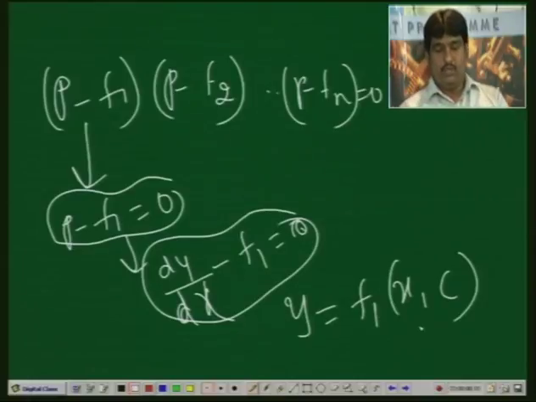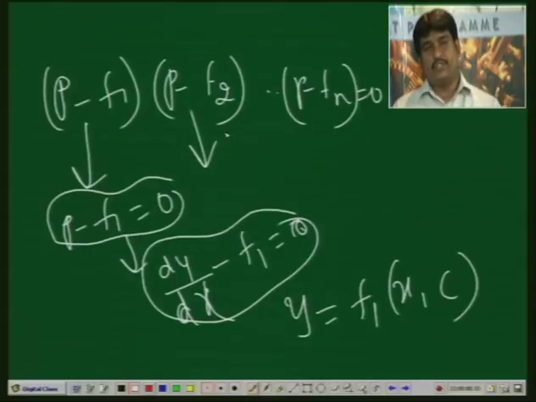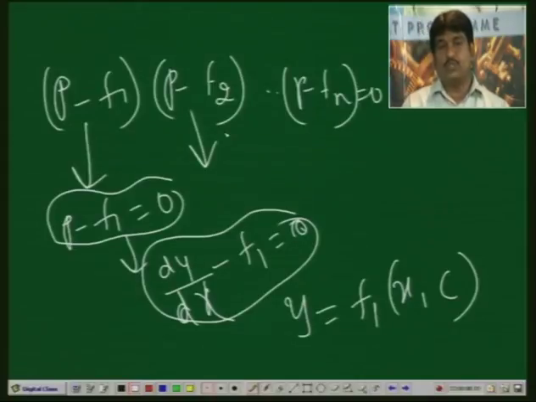Similarly, consider p minus f2. p minus f2 equal to 0 implies dy by dx minus f2 equals to 0. Again a linear differential equation in y and x. Solve that equation by known techniques to get one more solution y equals to some capital F1, capital F2 of x comma c equal to 0, and so on. So you get n solutions.